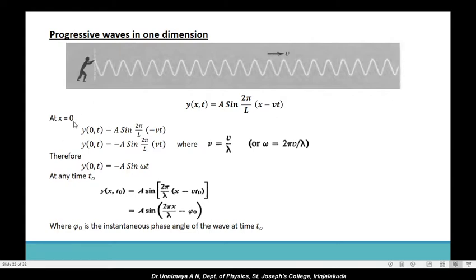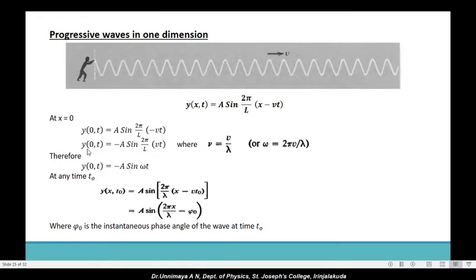What happens when x is equal to 0? This equation becomes y(0,t) is equal to a sin 2 pi by lambda (0 minus vt), that is minus vt. And we know the relation sin(minus theta) is equal to minus sin theta. So sin 2 pi by lambda (minus vt) becomes minus sin 2 pi by lambda vt.